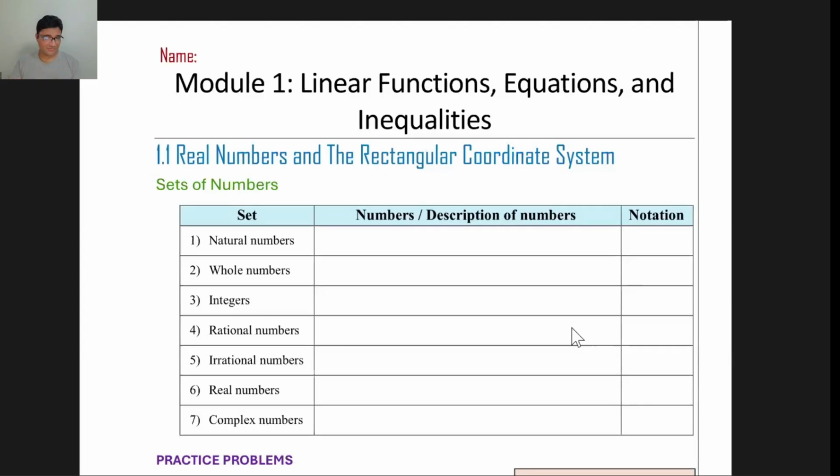So if you want to represent visually, you would represent the inputs on one direction, usually the horizontal axis for inputs and the vertical axis for outputs. And that is a coordinate system. We also need to understand the basics of how a coordinate system works. So all of these will be foundations to understand functions.